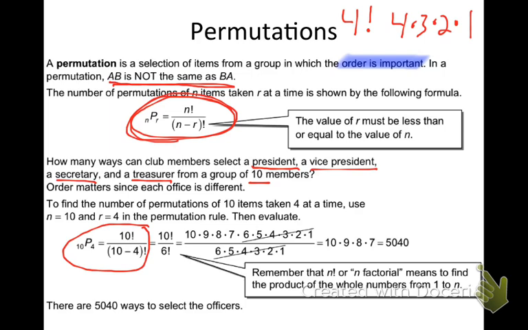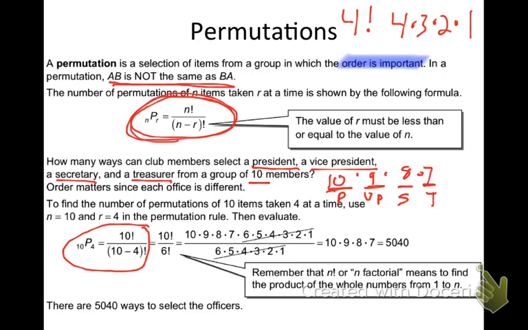For instance, how many people could be chosen to be president? There's 10 people that could be chosen to be president. Well, after president's chosen, how many are left to be chosen as vice president? Well, after vice president's chosen, how many are left to be secretary? And then treasurer? 7.